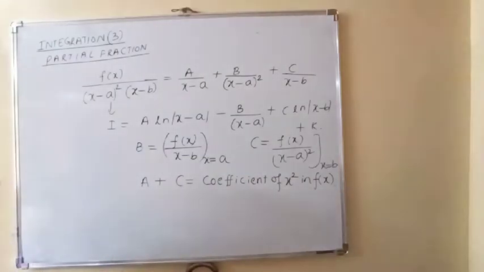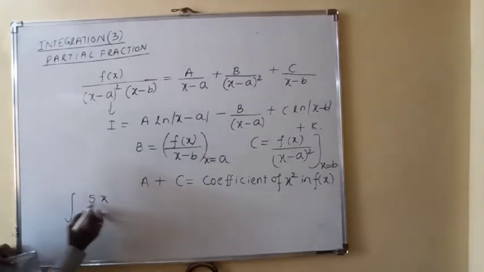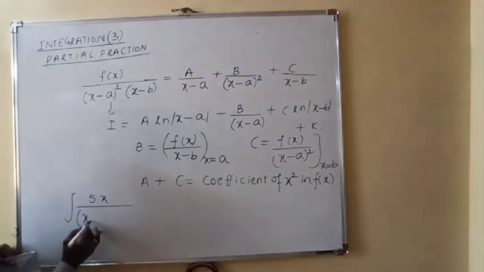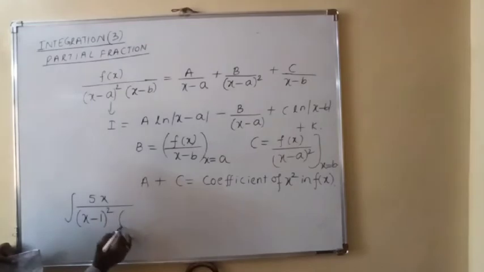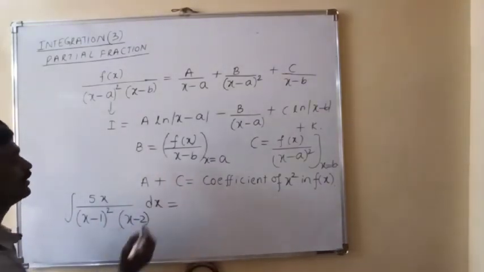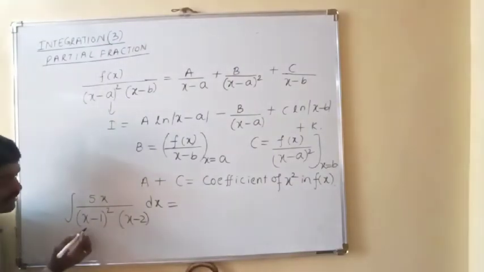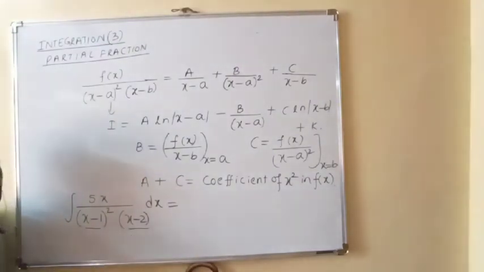Okay, so the example I am taking: suppose 5x divided by (x minus 1) whole square into (x minus 2) into dx. Correct? It is anyway a proper fraction. It has a repeated linear factor and a non-repeated linear factor. Corresponding to this repeated linear factor, what are the fractions?